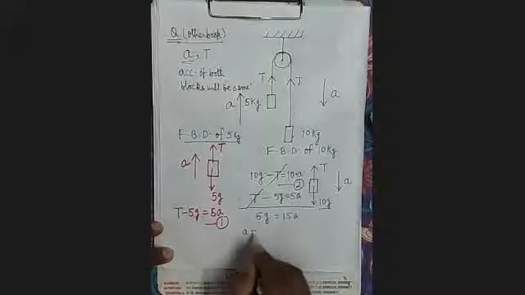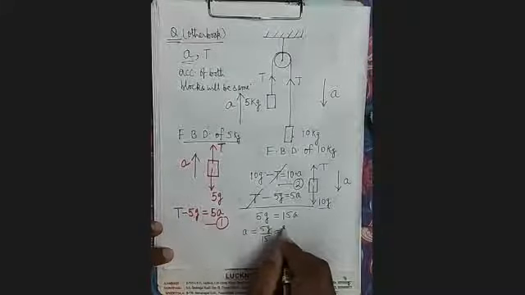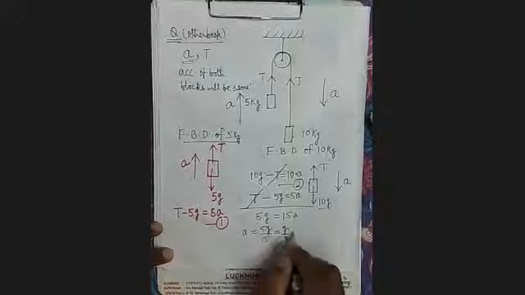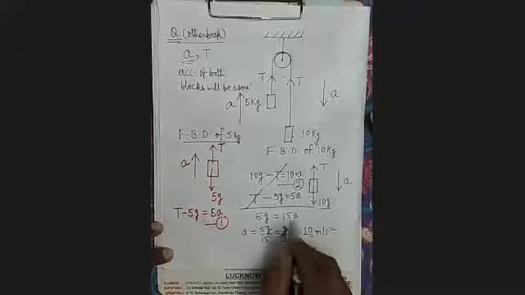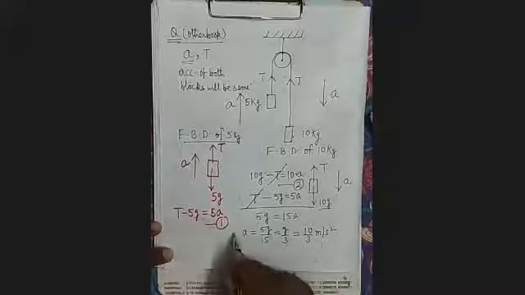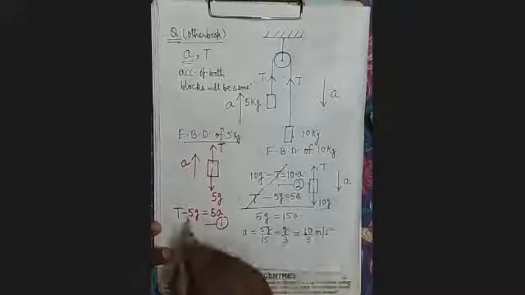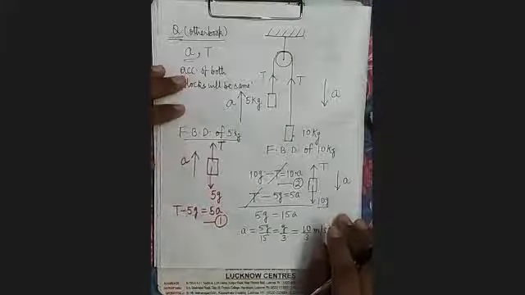So what is a? 5g upon 15, that is g upon 3, that is 10 upon 3 meter per second square. We have taken g equals 10. And once you have determined a, you substitute in any one equation, you will get the value of T. Is it clear?